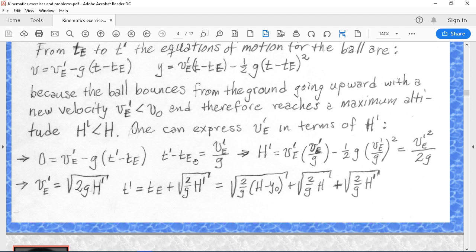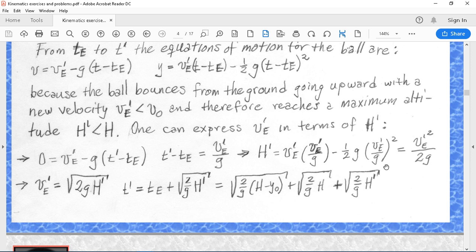So t prime minus te will be ve prime over g, and h prime will be equal to, that means when y equals h prime, ve prime times ve prime over g, which is t prime minus te, minus 1/2 of g times ve prime over g squared.